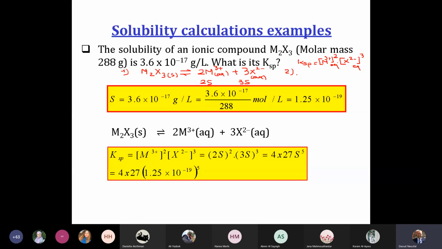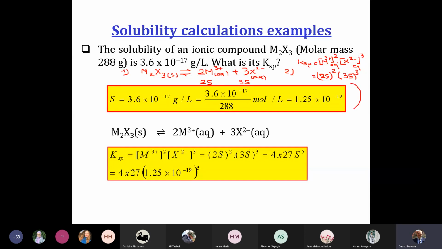This is the second step. The concentration of M3 plus at equilibrium is 2s, squared, times 3s to the power 3.